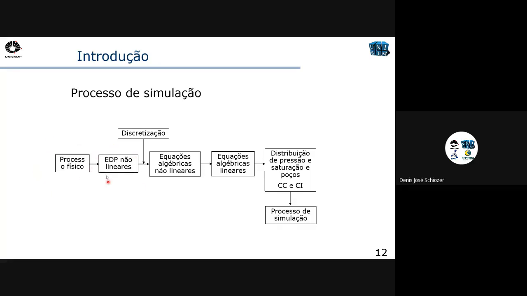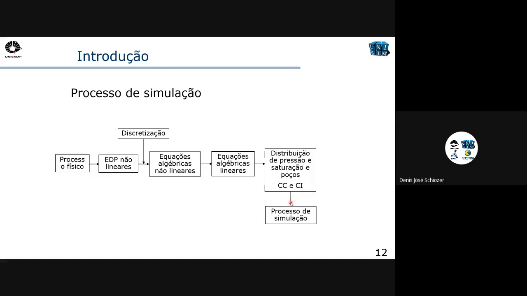We go into the equations, which are normally very complex, so we have to discretize them in complex geometry. We have to discretize the equations into forms that we can solve, and put in the boundary conditions, which are boundary conditions of the reservoir, initial conditions, or the wells, and so on. And once we have these equations and the boundary conditions, we go into the process of simulation.